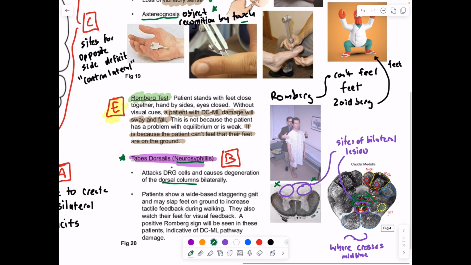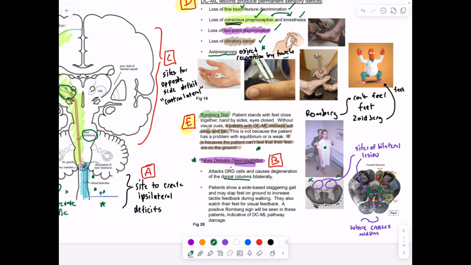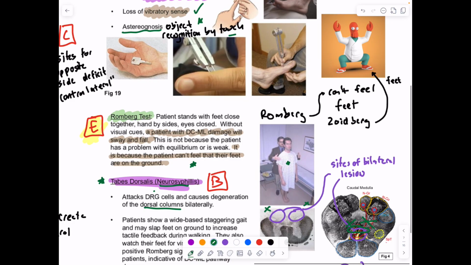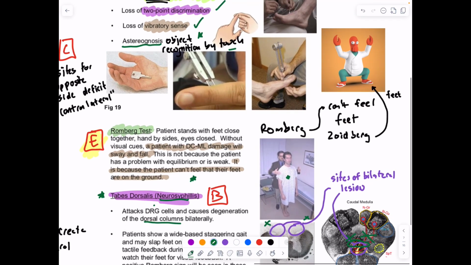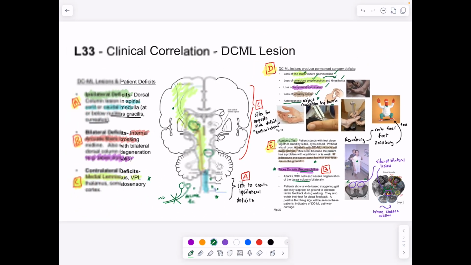So the Romberg test is basically to check for DCML damage. You have them stand with their feet close together, hands at the side, eyes closed, and then without the visual cues, this patient's going to fall over because they can't feel their feet, right? Because, again, conscious proprioception, can't feel their feet. And you also have your fine sensation, and yeah.